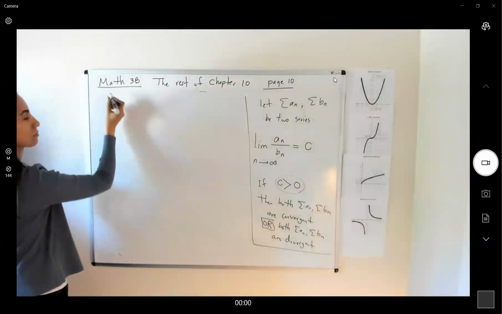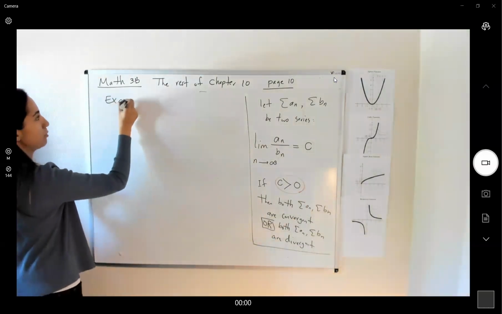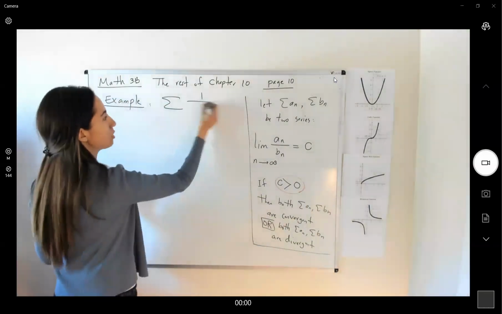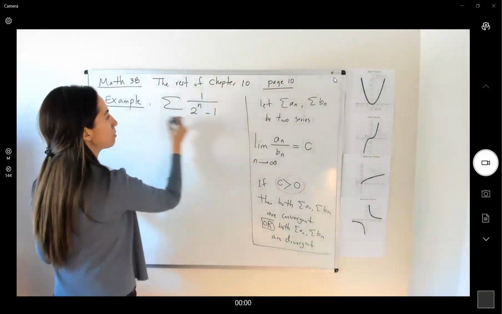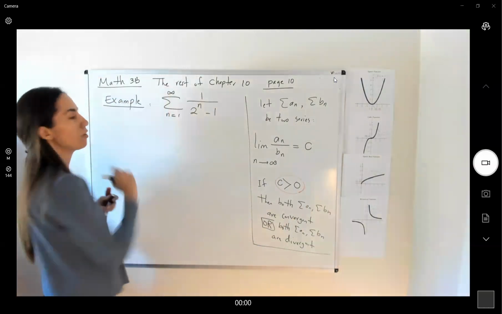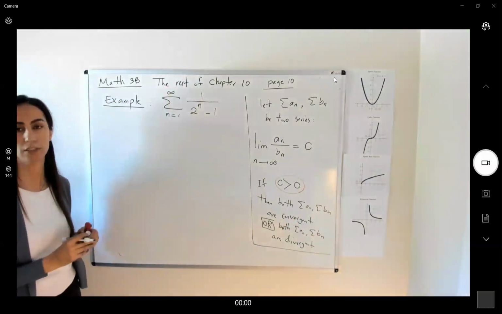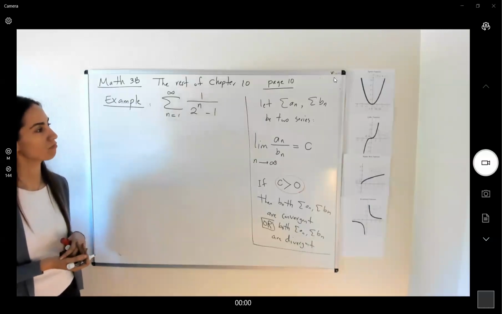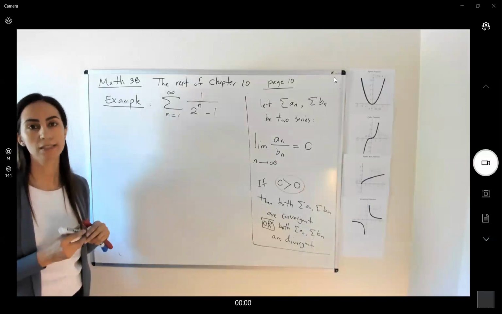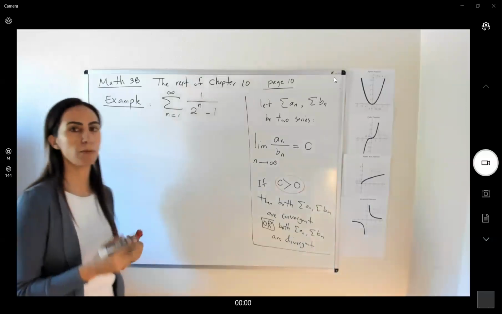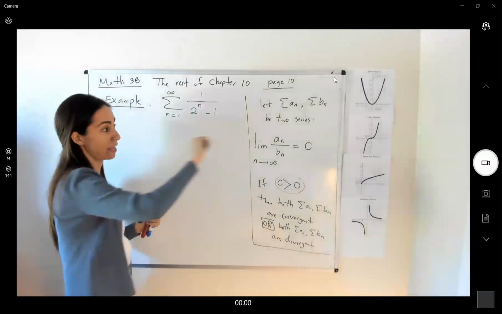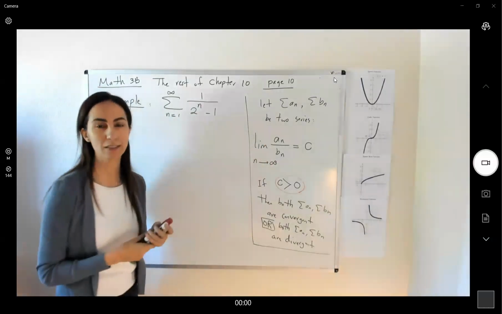Okay, let us take a look at one example. You have series 1 over 2 to the n minus 1, n starts from 1, goes to infinity. I have one series. I need to come up with a series which is similar to this series and helps me to find the limit.